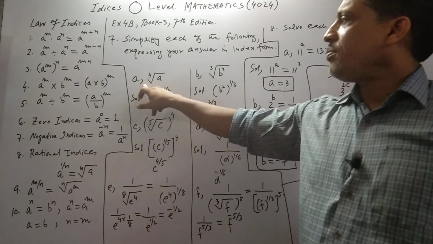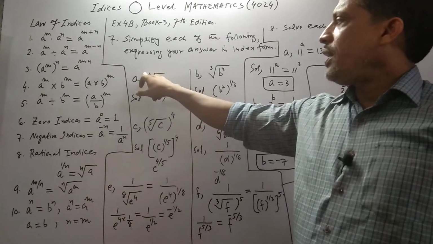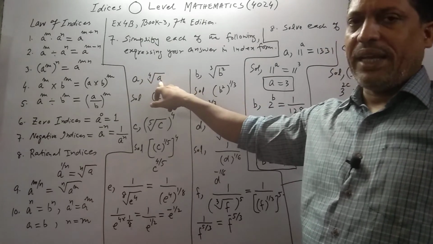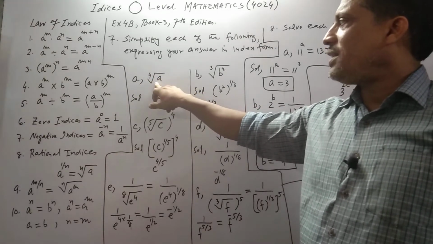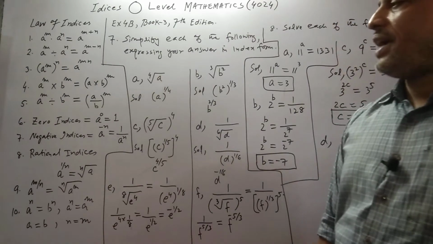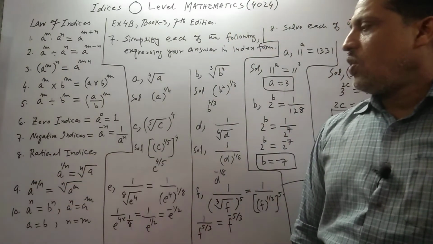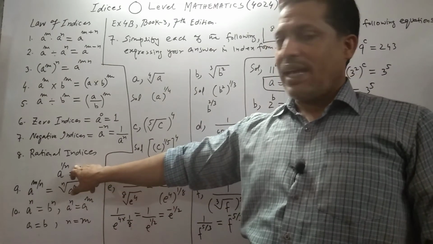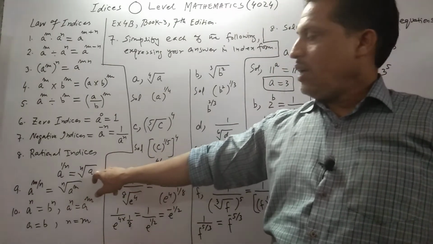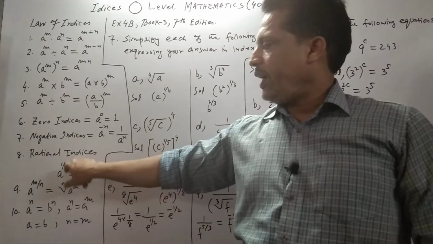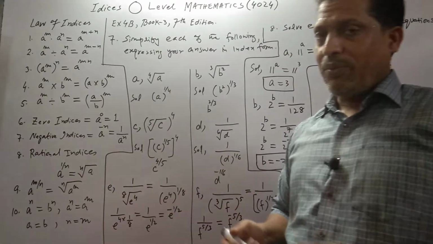See part A, index 4, radicand a. So how to convert this into index form? By applying law number 8, rational indices. If index n and radicand a, we can convert this into a to the power 1 upon n.